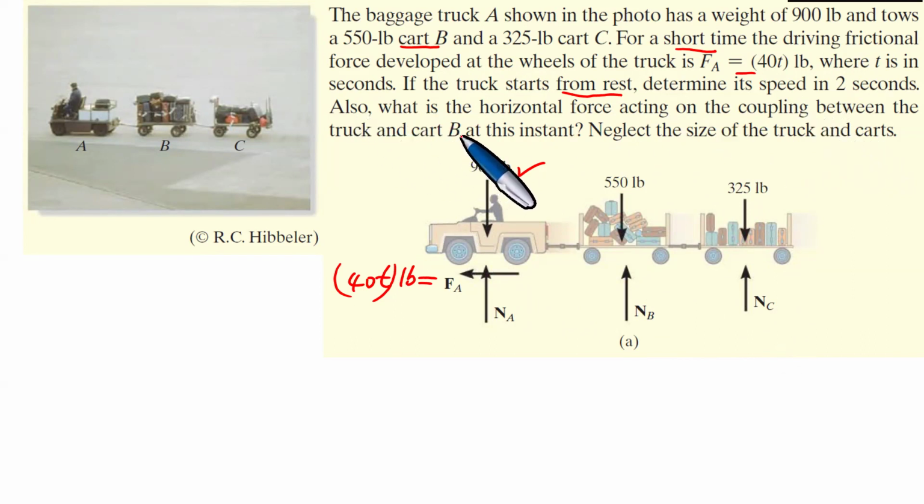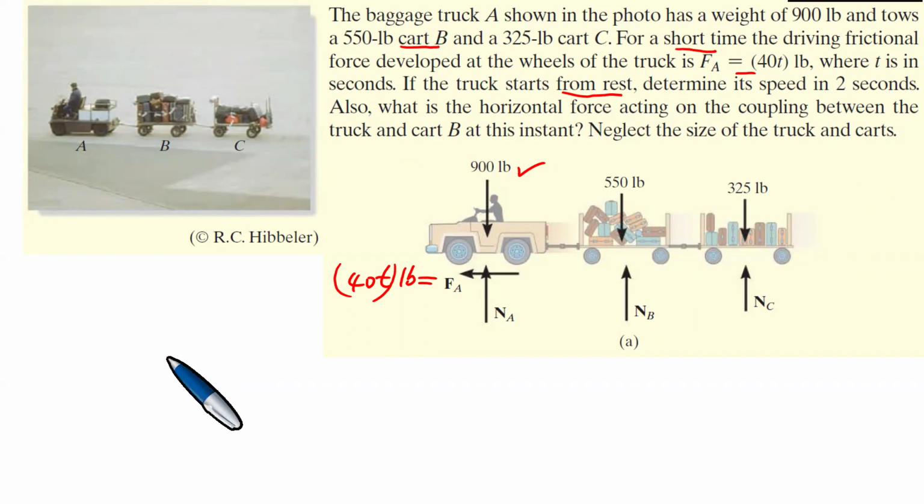Also, what is the horizontal force acting on the coupling between the truck and cart B at this instant? Neglect the size of the truck and carts.